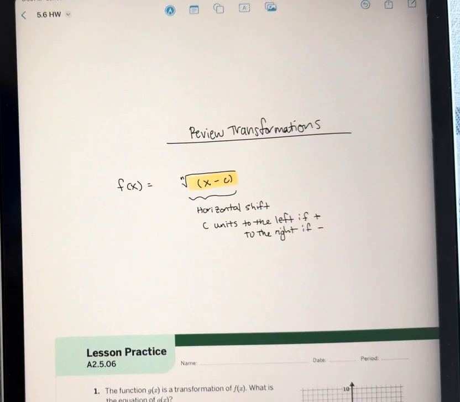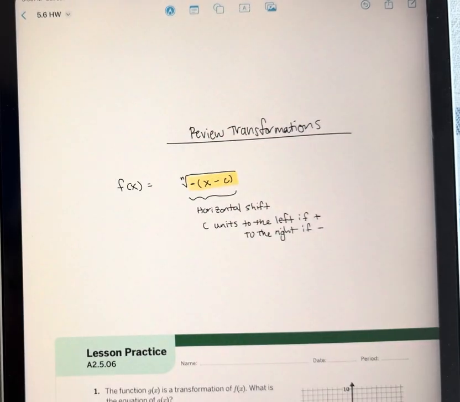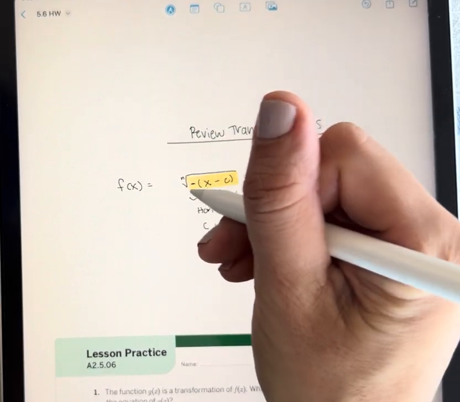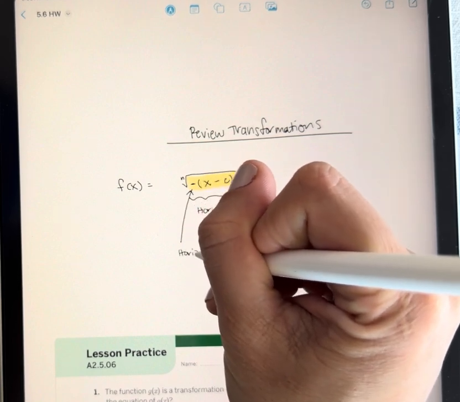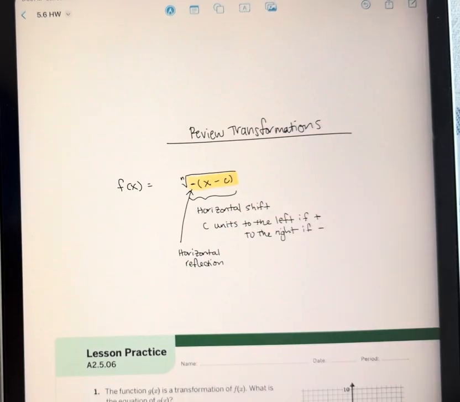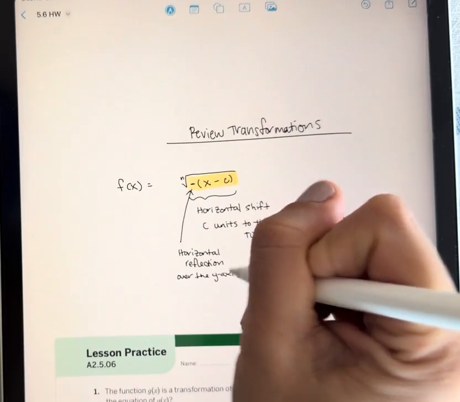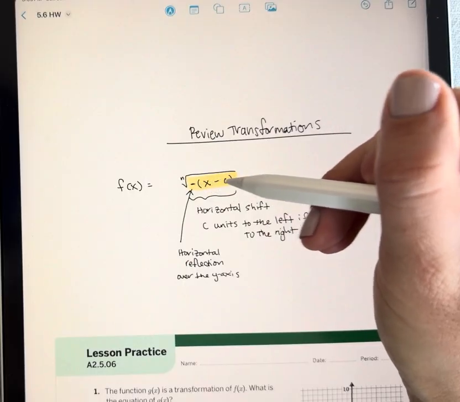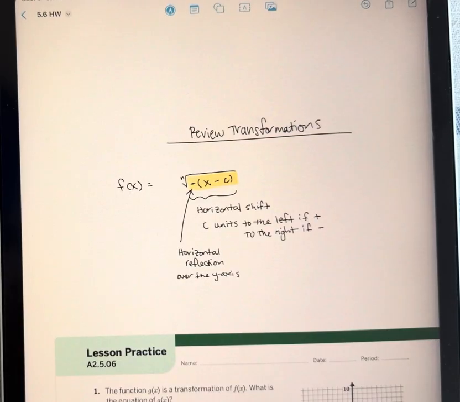So that's that. And then we also have a possibility of having a negative in there. That negative would be a horizontal reflection. So that means we would flip over the y-axis if there's a negative there. And note the parentheses, you guys. If that negative isn't factored out, it will mess up your shift. So it should look like that.